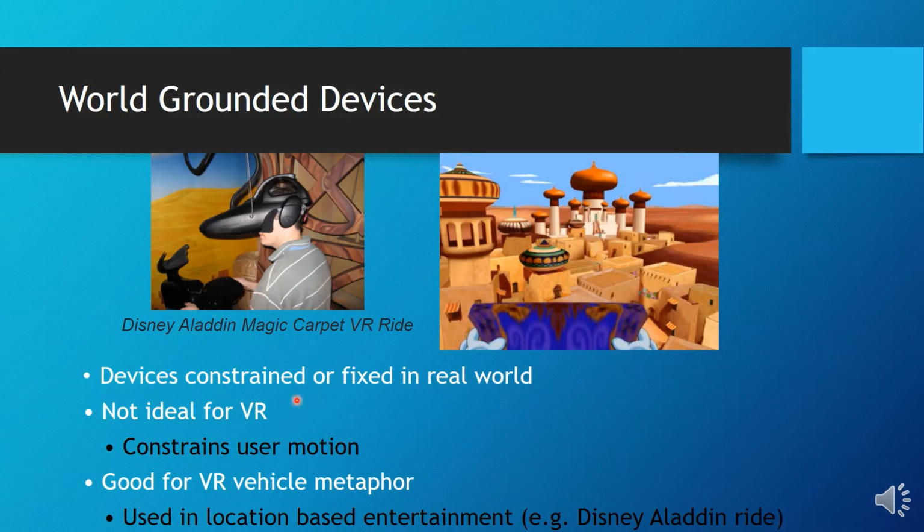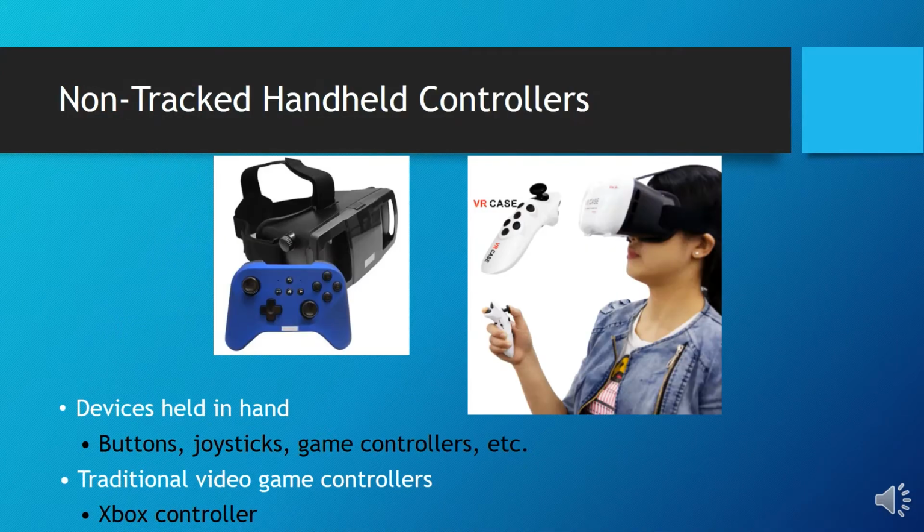It is suitable for VR with location-based entertainment, something like the Disney Aladdin Magic Carpet. This is the first category of hand input devices, the world-grounded device, which is fixed in the real world.